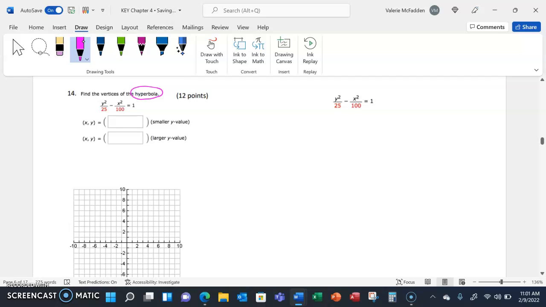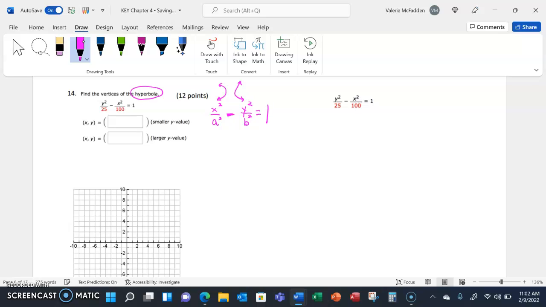All right, and switching gears, this problem is about a hyperbola. Hyperbolas look like this. If the x squareds come first, then the hyperbola looks like this. So if you have x squared over a squared minus, and this is how you know it's a hyperbola, you have a minus in between, and then you have your y squared over a number squared equals 1.